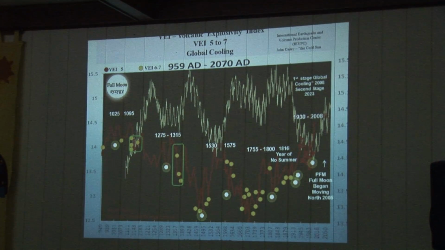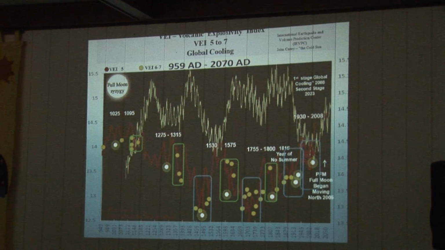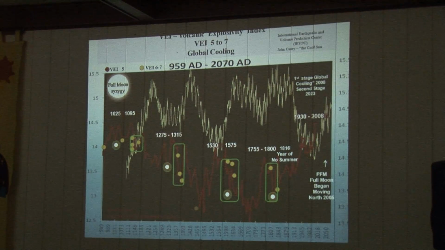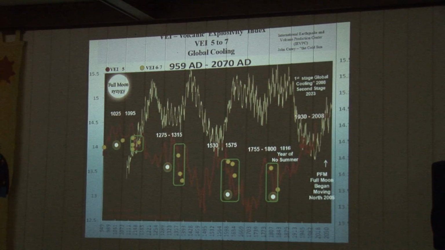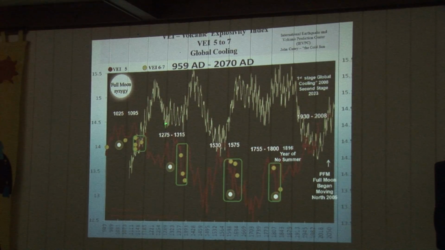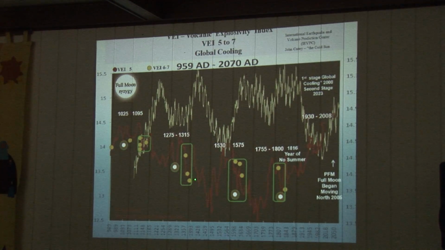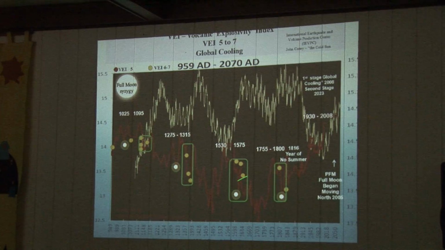In 1815, the volcano was, I believe, a 6, and the year later was a year of no summer. What I'm going to show you here's all the strong volcanoes, and what I do is I take all the ones out. I want to show you the strong volcanoes that come during the strong global cooling. The first 20 years of strong global cooling.